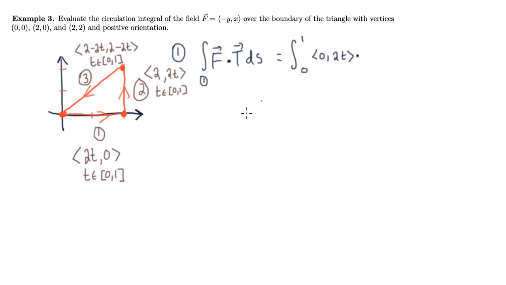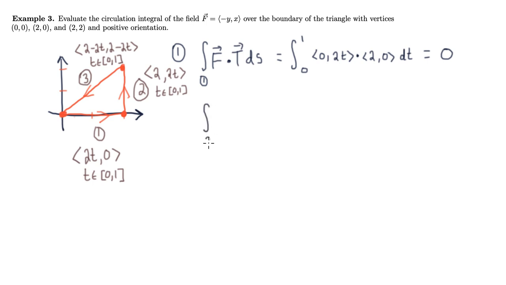Then dot with the derivative of this parameterization, which is just 2 comma 0, dt. And now notice, what is this? Well, this is 0 plus 0 in the integrand, so this entire integral is actually 0. That's awesome. That's one piece out of the way.